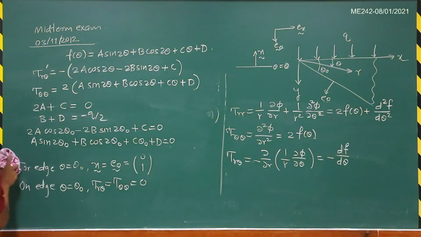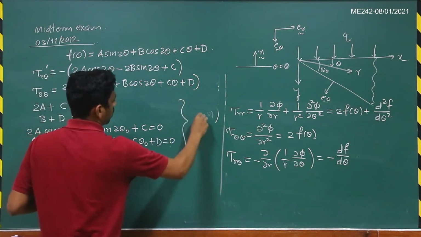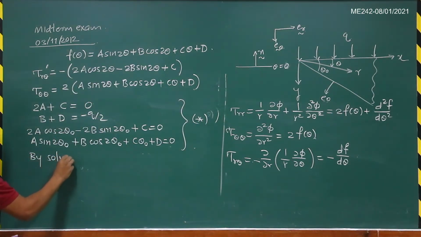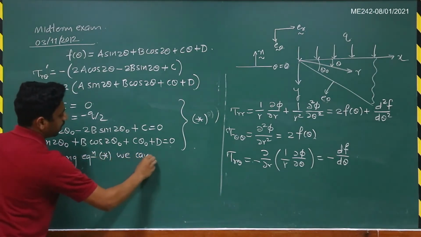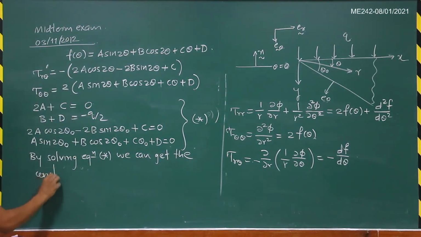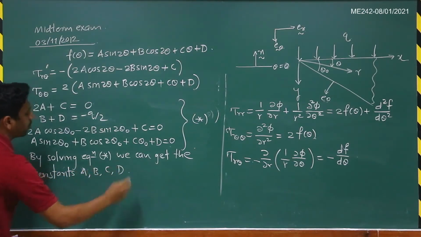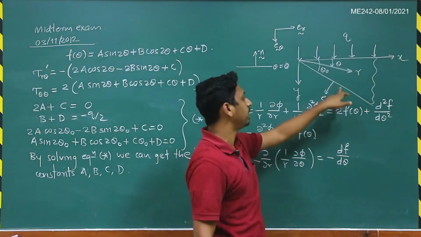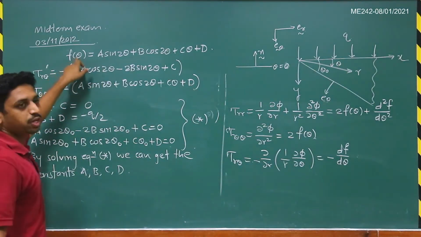So we have got a set of equations. Now by solving equation star we can get the constants A, B, C and D. So basically we have used these traction boundary conditions on face theta equals 0 and theta equals to theta naught to find the constants which are there in the expression of f of theta.